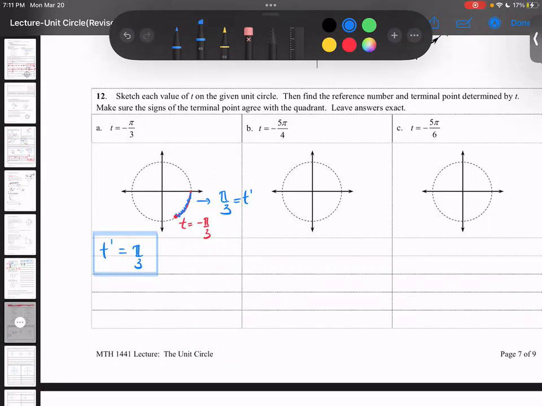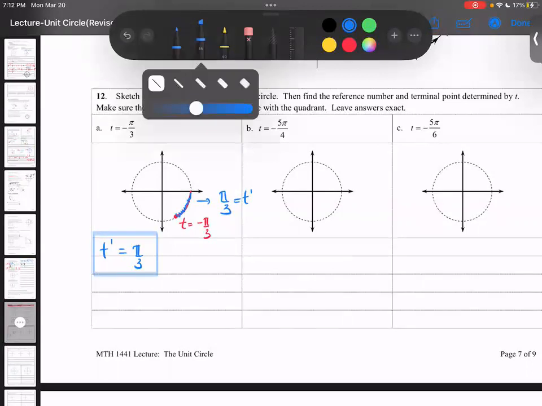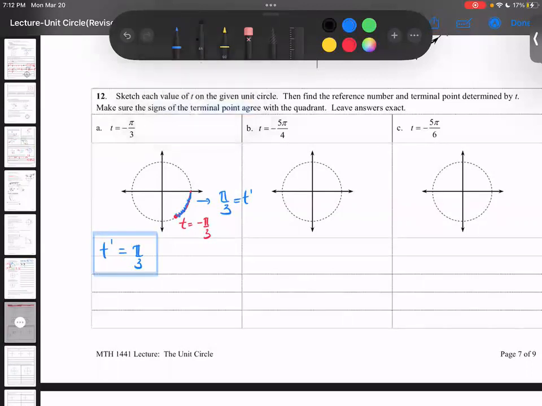12b, t is negative pi over 4. Let me show you the unit circle so that we can construct it ourselves. Let's divide the unit circle into some equal parts. This distance right here is pi over 4, right? Another pi over 4, because pi over 4 plus pi over 4 is pi over 2, right?